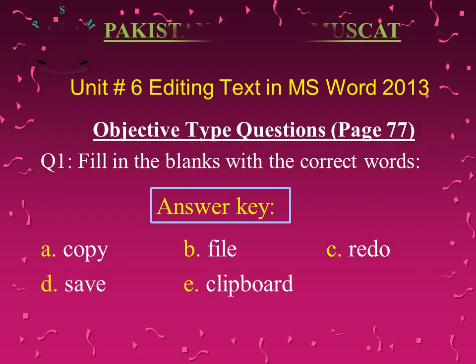By the end of our lesson, you can check your answers. The answer key is over here, from your question number 1, fill in the blanks, and that is a book work. Remember my children, this is a book work on your book page number 77. Part A answer is Copy, and part B answer is File.